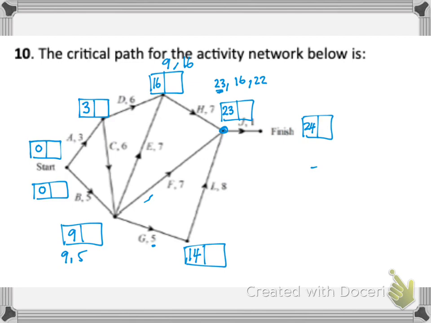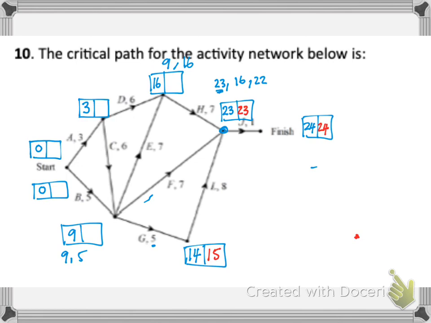Okay, so now we're going to do our backward scanning. So I have 24. And for this vertex, I have 23. Now let's come back this way along I, and 23 take away 8 will be 15. Okay.